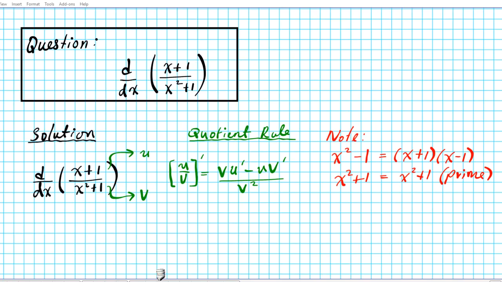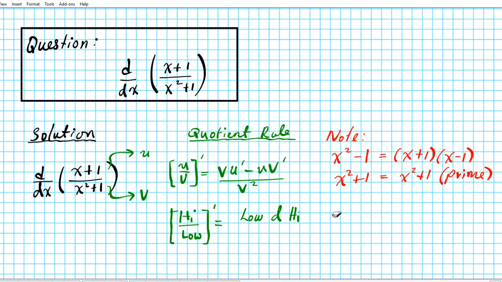And there is a mnemonic device that some students use to remember what the quotient rule is. Basically, they call the numerator function high because it's above, and they call the denominator function low. So the mnemonic device is that the derivative of the quotient of high over low is low d high. Remember, always start with low.